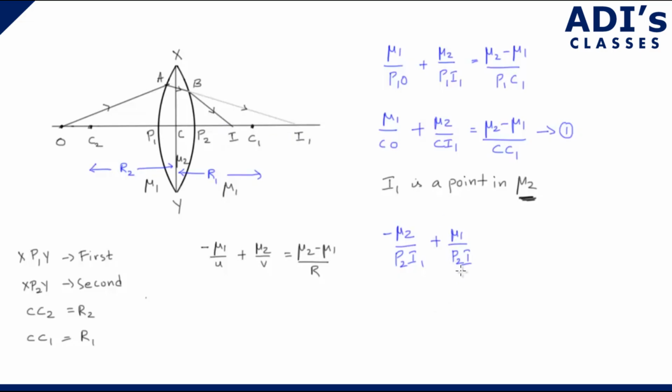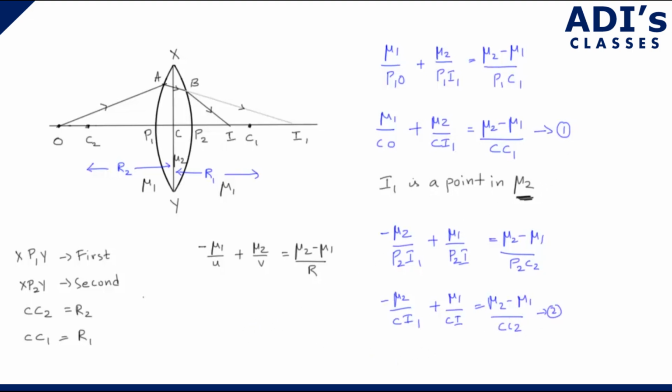So we have plus mu1 by P2I is equal to mu2 minus mu1 divided by P2C2. Okay, so this is what we have. Now since P2 is also very close to C, what we get is minus mu2 divided by CI1 plus mu1 divided by CI is equal to mu2 minus mu1 by CC2. So we'll call this equation number 2.